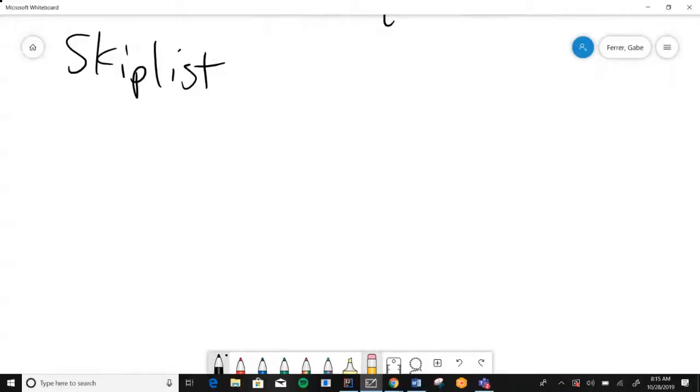Doing that is at the heart of the idea of the skip list. So the skip list at its root is really just a singly linked list maintained in sorted order, but with some help.